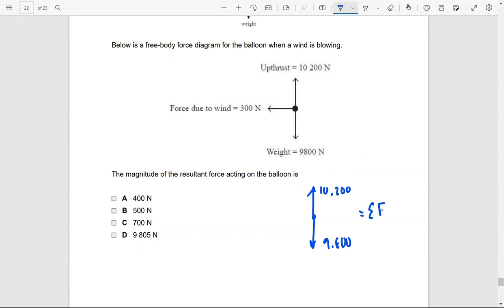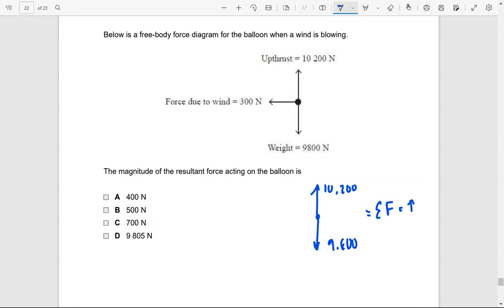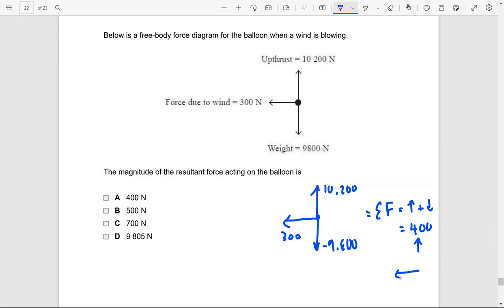So the resultant is the up, you could call this a negative if you want, plus the down. So that's 400 up. We also have a 300 across. Let's draw this.